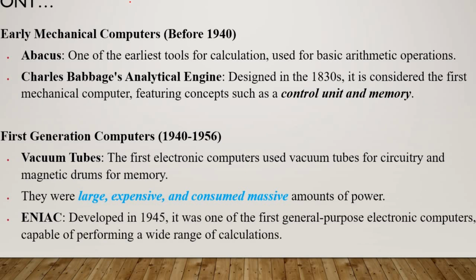Having said that, the early mechanical computers, from before the mid-1900s, are known for the introduction of the abacus, the earliest tool for calculation, used for basic arithmetic operations, and Charles Babbage's analytical engine, which is also considered the first mechanical computer, featuring concepts such as the control unit and memory. That is how computer evolution looked during this time.